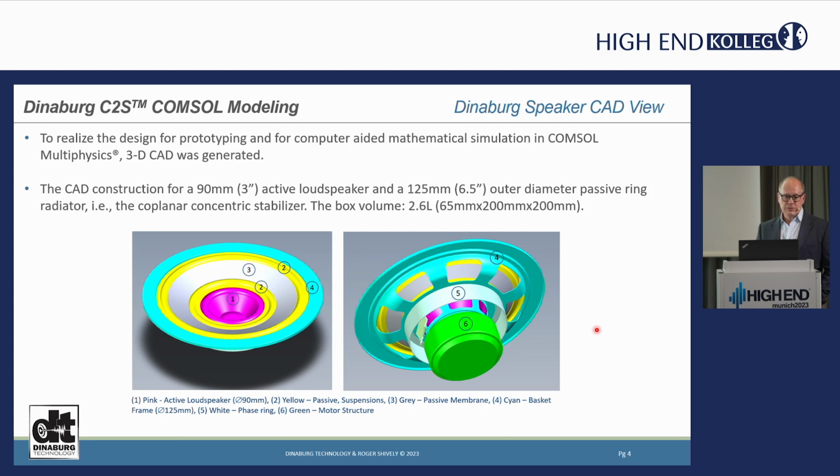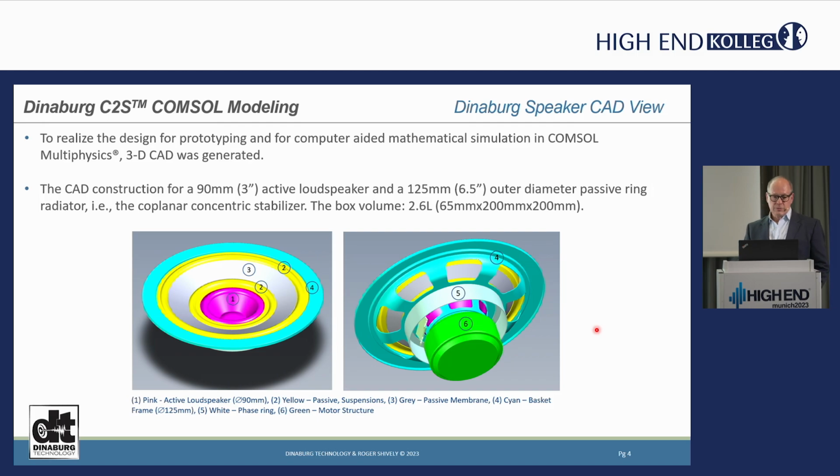So here is basically the process that you go through with a COMSOL model. This is somewhat straightforward in terms of how we go about modeling it. What we're seeing here is the CAD model of the loudspeaker. In the yellow, we have the suspensions.